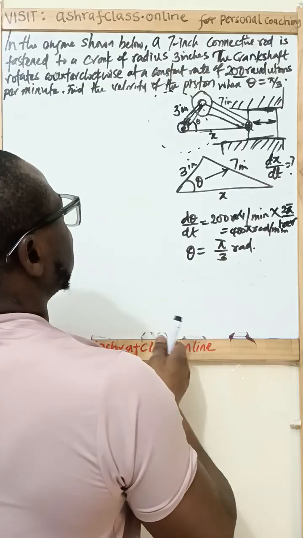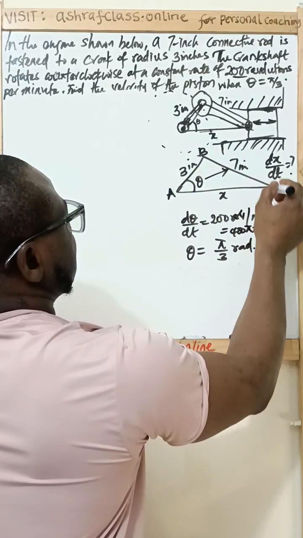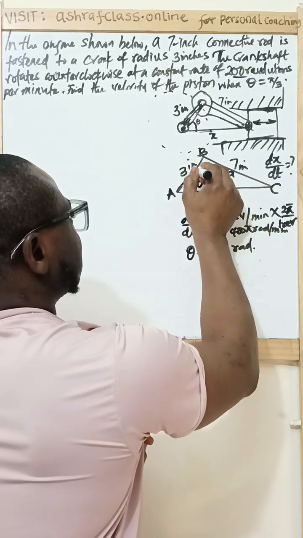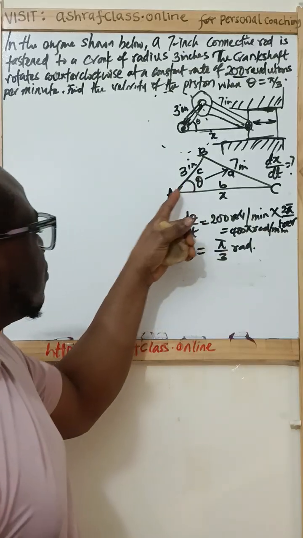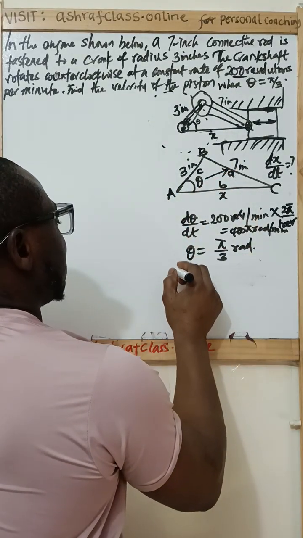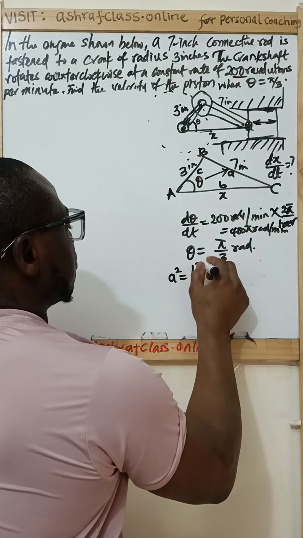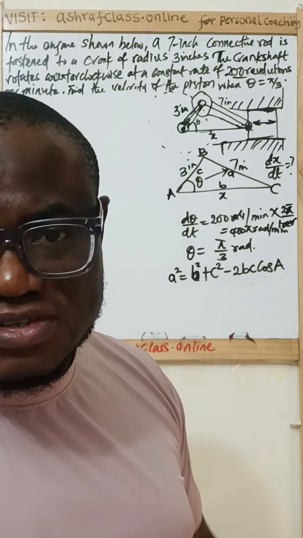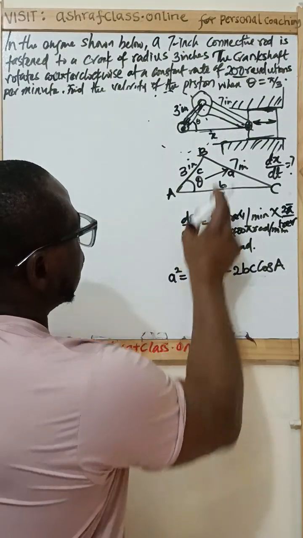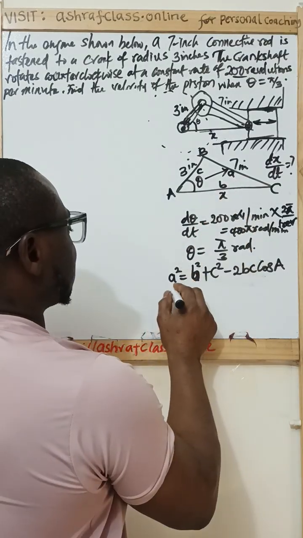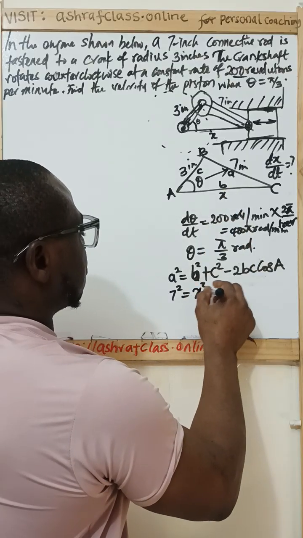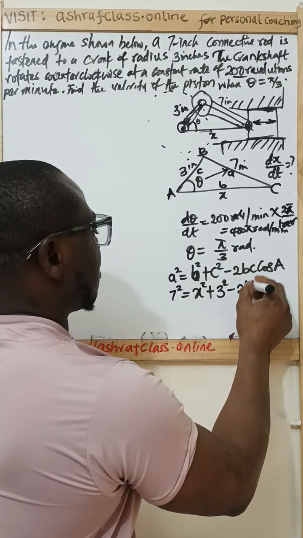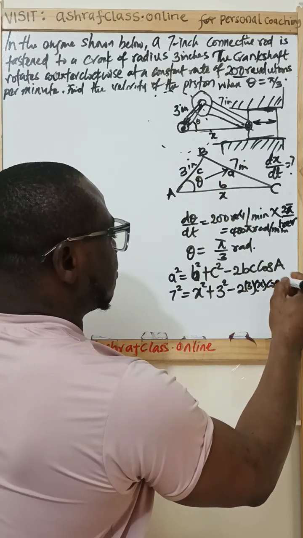If the angles are A, B and C, the small letter a is opposite A, small b is opposite B, and small c is opposite C. If we are concentrating on this angle, then a squared equals b squared plus c squared minus 2bc cos A. So here, a is 7, b is x, c is 3, and cos A is cos theta.